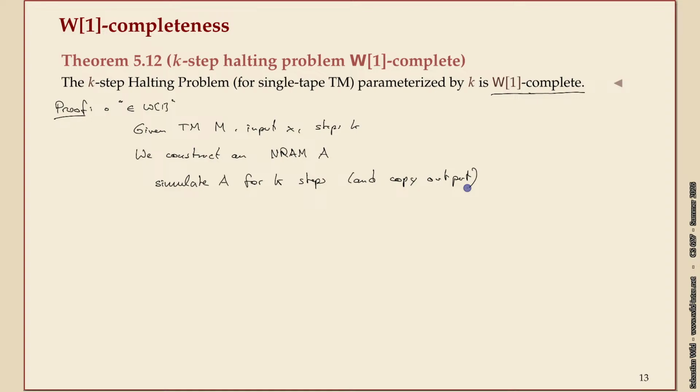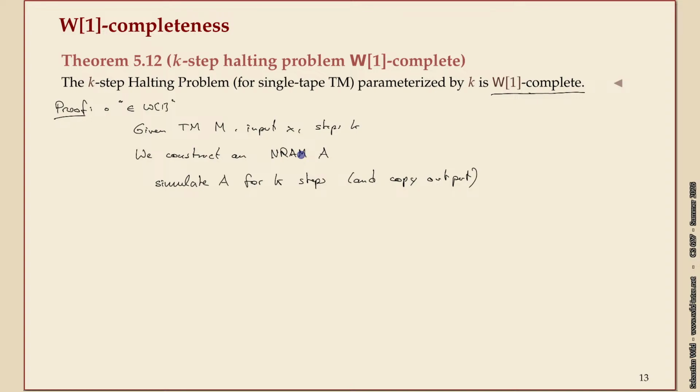That's relatively easy. We basically follow just the instructions of the Turing machine. Now, I said before, from the perspective of this NRAM, the Turing machine can be of unbounded size, and it's given as part of the input. But that's not a problem because the NRAM's register contents can also depend on the input size. The bigger the input, the larger numbers it can handle.